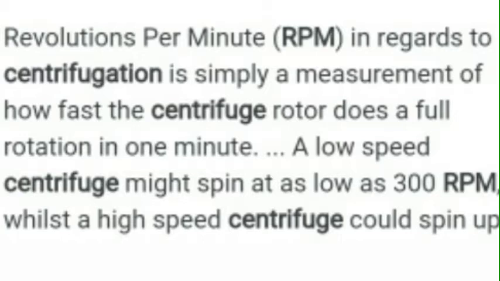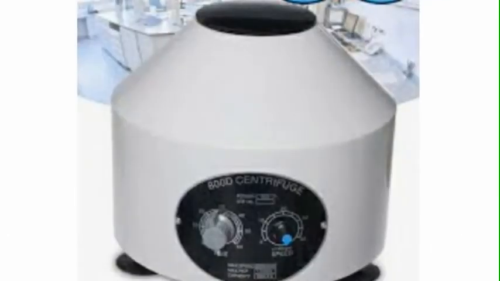A low speed centrifuge might spin as low as 300 rpm, whilst a high speed centrifuge could spin up to 15,000 rpm. The revolution per minute indicates how many rounds it will take in 1 minute, and it starts from 300 to 15,000 rpm.